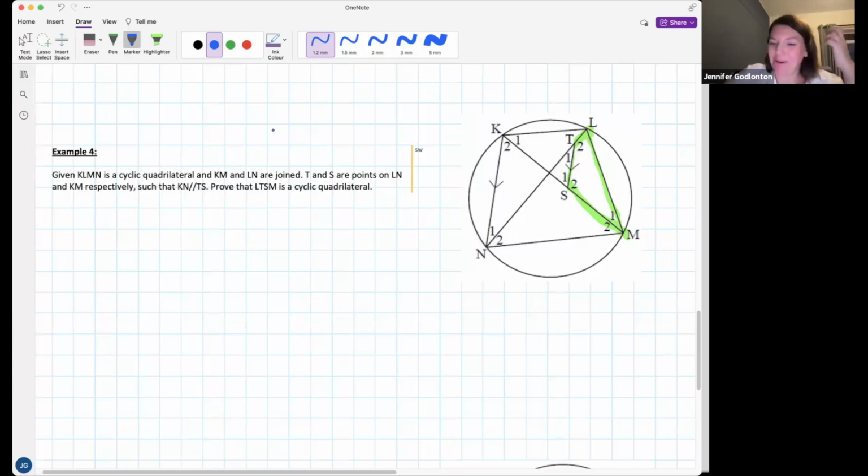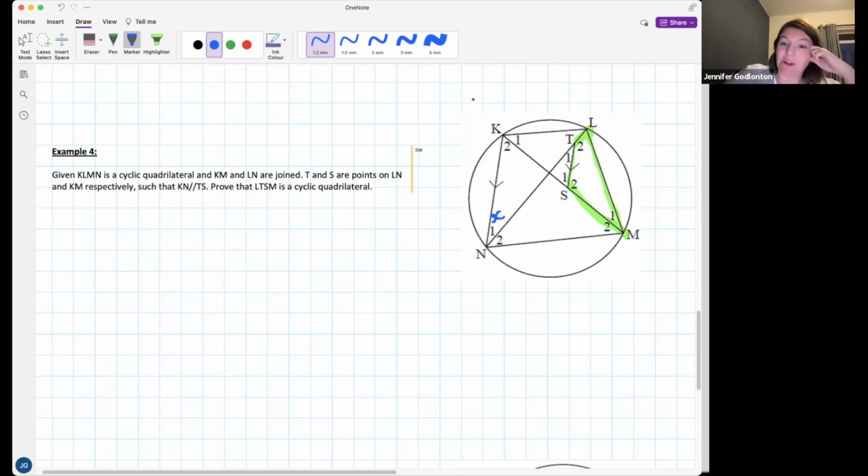Okay, yeah, put your random angles in. Sure. How about if I started and put an X in? So if I said that N1 is equal to X, what else is equal to X? Look for your alternate angle for me.